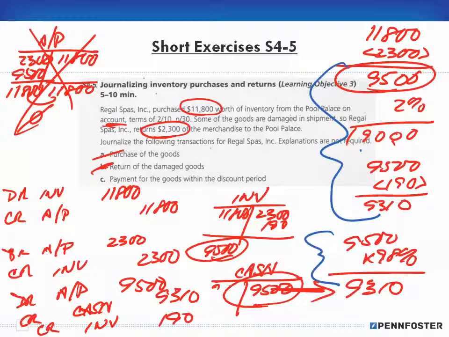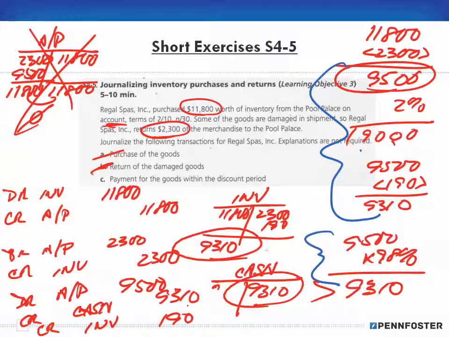I'm sorry, not 9,500. Let me back up here. This is 9,310, and this ends up being 9,310. Sorry about that. 9,310. All right.